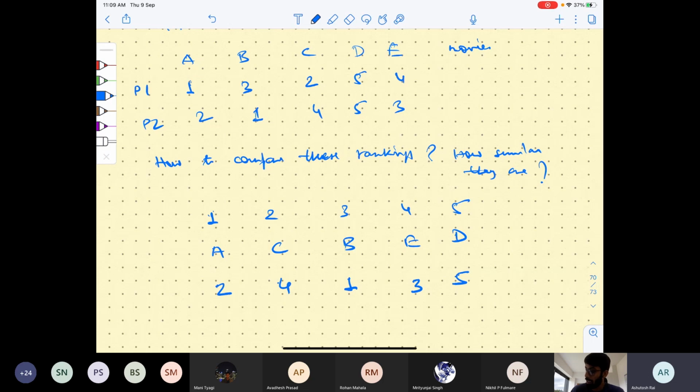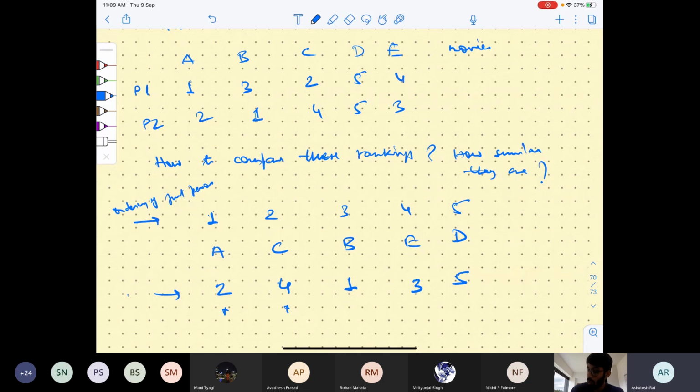So this is the ordering of the first person, and this is the ordering of the second person of these movies, which are ordered by the first person's list.